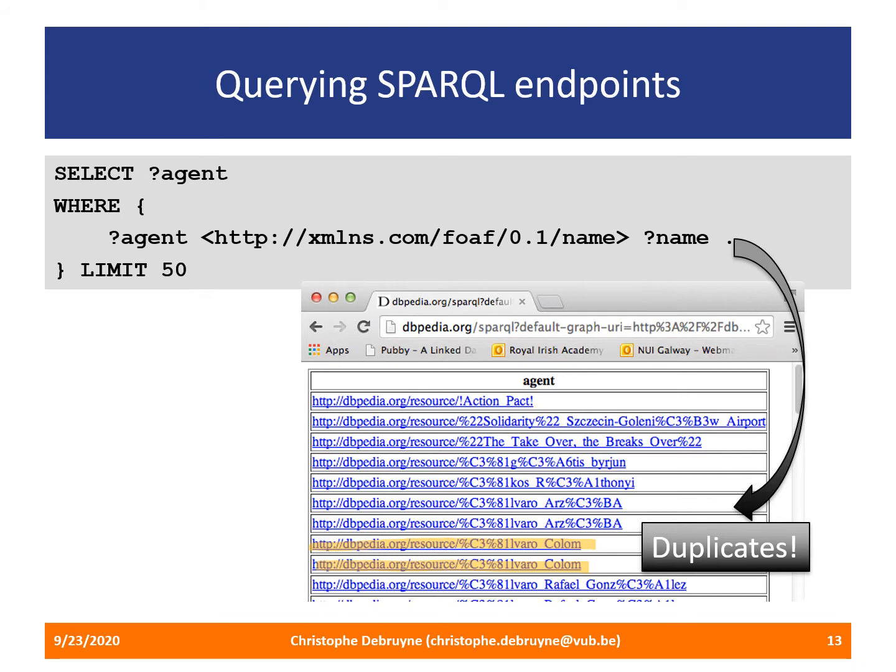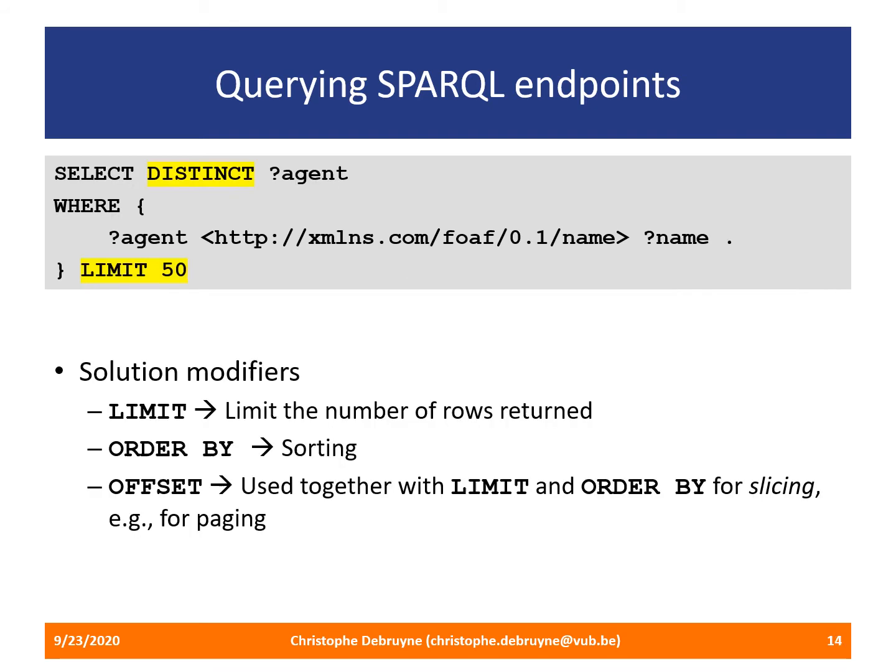So how do we get 50 distinct agents that have names? Well, we need to include a new construct in the query. And it's quite straightforward. We will be selecting distinct values of all the variables appearing in our select clause and then limit it to 50. And that's how we solve this problem.